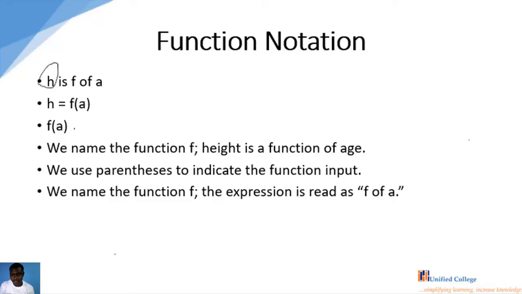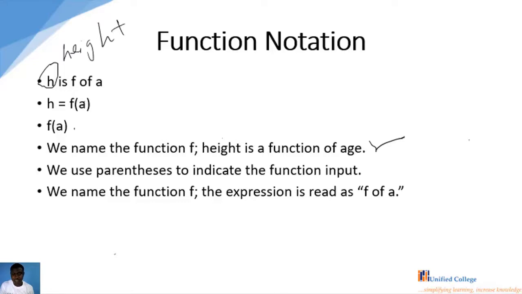H here represents height. I can see here we name the function f. Height is a function of age. Your height is h, while your age is represented with a, which are the variables.